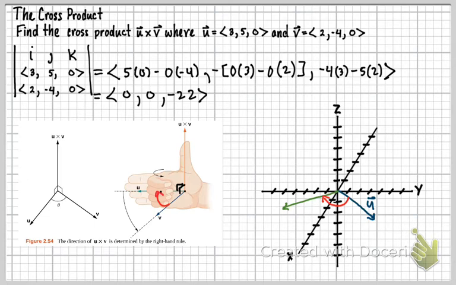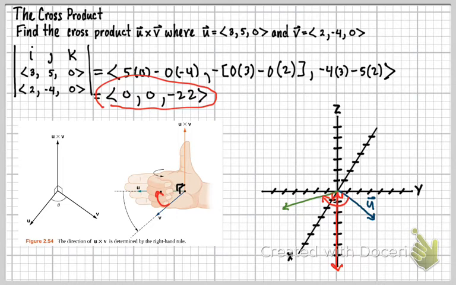Now look at the answer for this one. The answer for this one was 0, 0, negative 22. And if I graph that, the vector is going to be running straight down on the z-axis. Because my x and y are both 0, we know these are going to be perpendicular, because both of these vectors are actually on the XY plane.